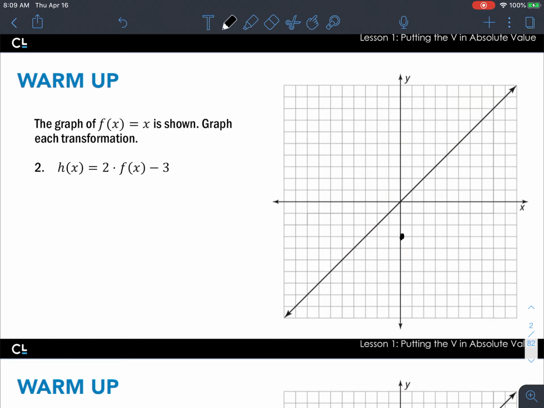Sorry. I'm looking at my sheet here and looking at a different one. And because it's timesing by 2, we're going to go, let me just double check here. We're going to go up 2 over 1 each time. So up 2 over 1, up 2 over 1, up 2 over 1, up 2 over 1.